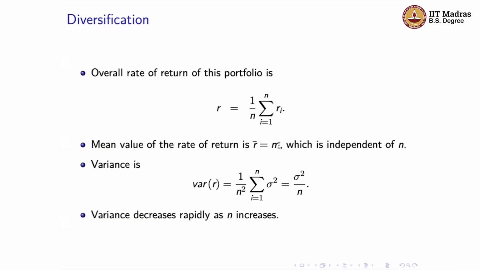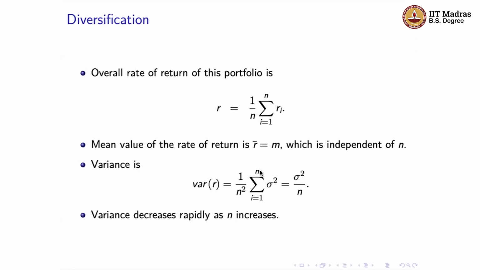What about the variance? So if we do the calculation for the variance now, and remember, this is the case where the assets are uncorrelated, then the variance of R is going to be 1 by n square, summation over i from 1 to n of sigma square, right? So sigma square is a constant. You are adding up n of those.